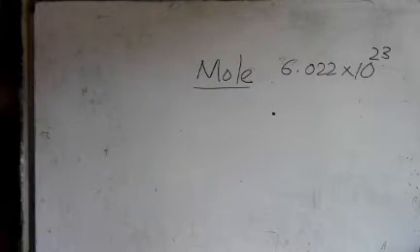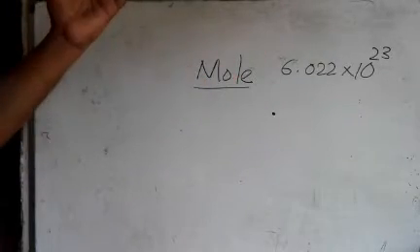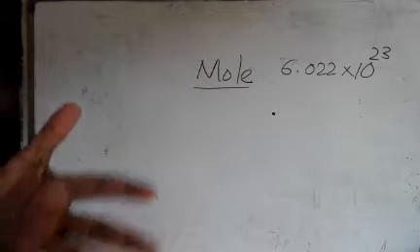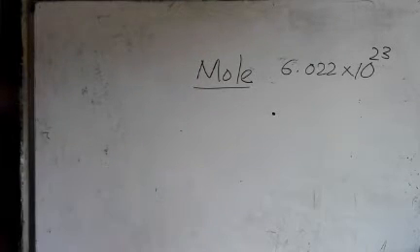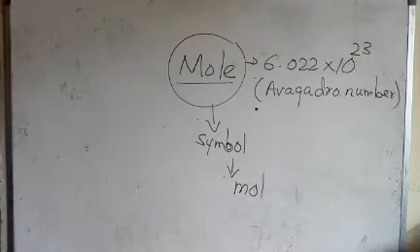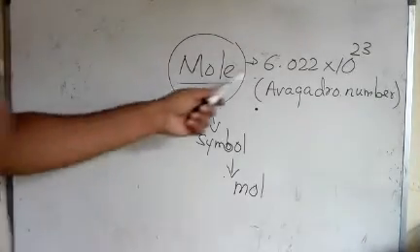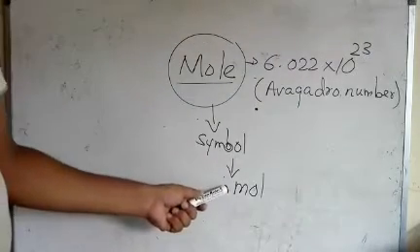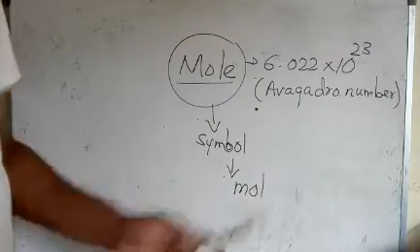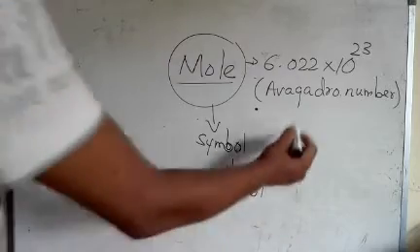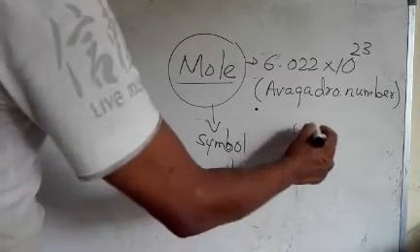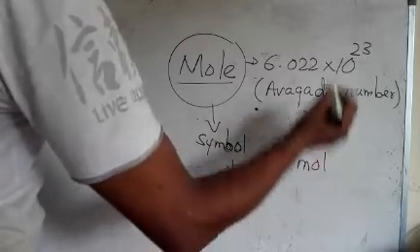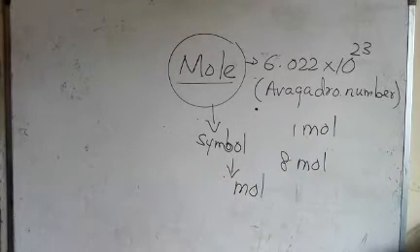So mole is a suitable unit to measure tiny particles in atomic scale. One mole means Avogadro number of particles. The symbol of mole is mol. When you write 1 mole, you can write like this; 8 moles. Mol is the unit for mole.